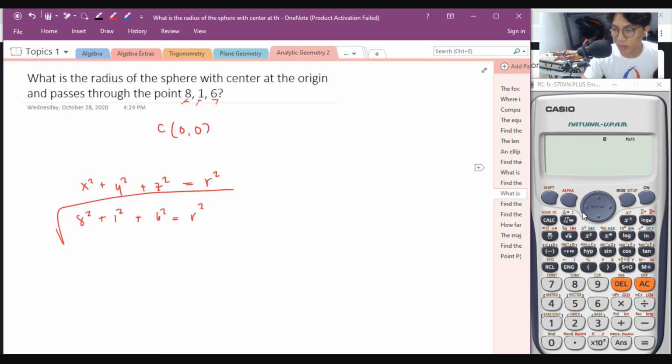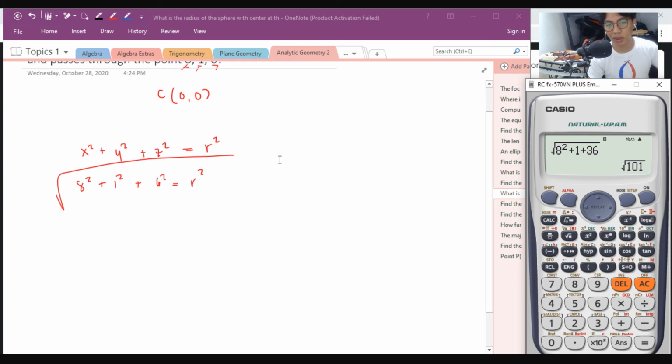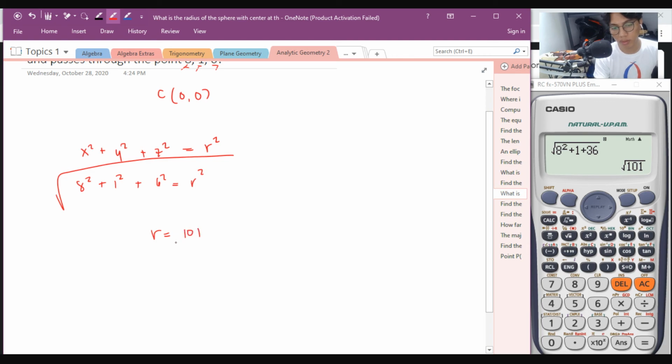R will become square root of 8 squared plus 1 plus 36. 101 nga pala, 101. Square root of 101 units. Very basic.